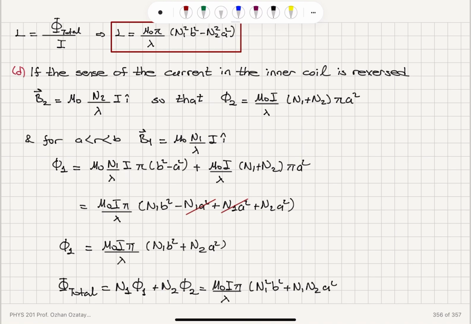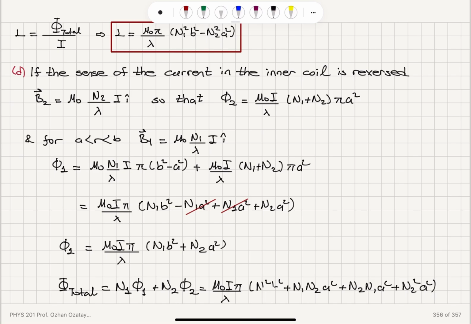Now n2 n1 a squared, and then I would have n2 squared a squared for the total flux.